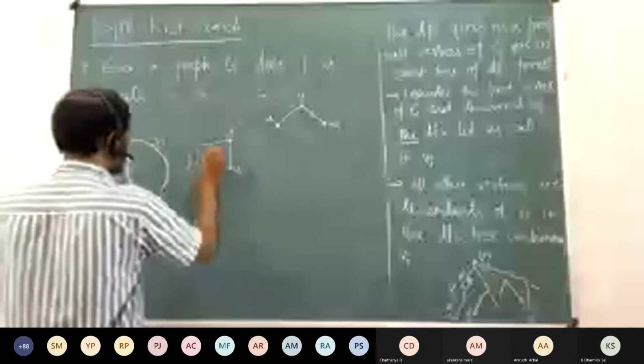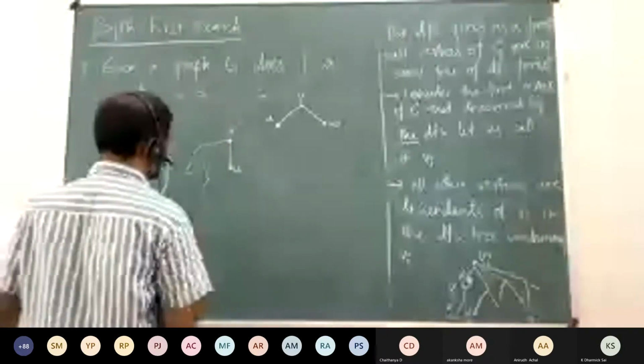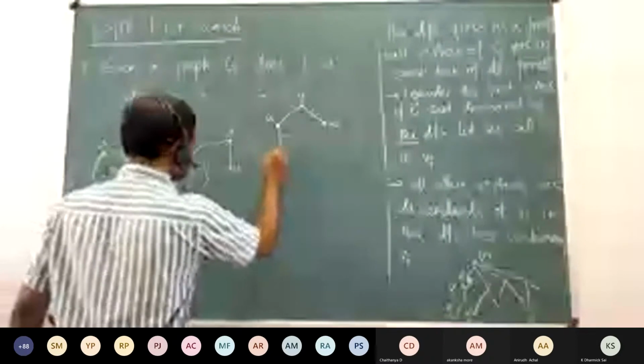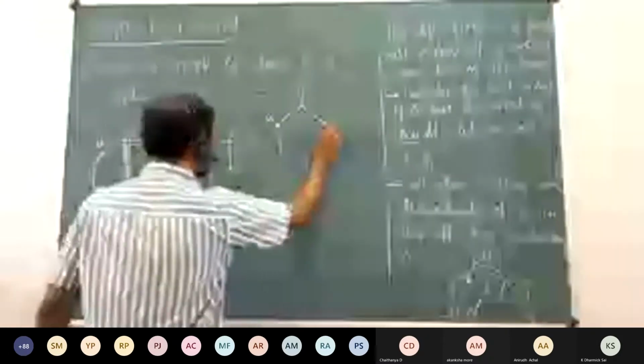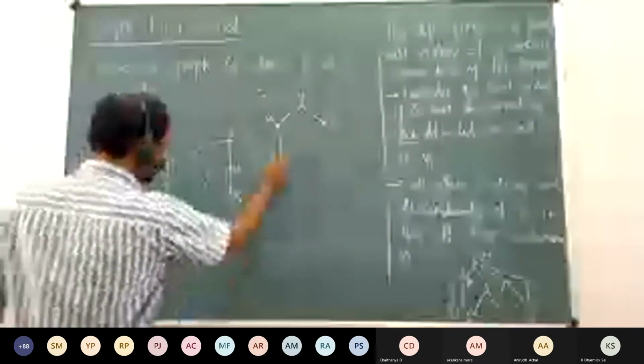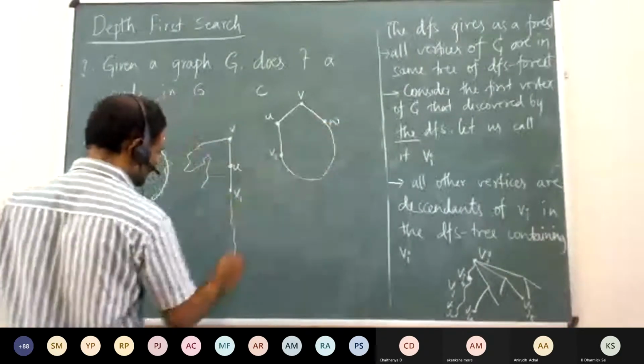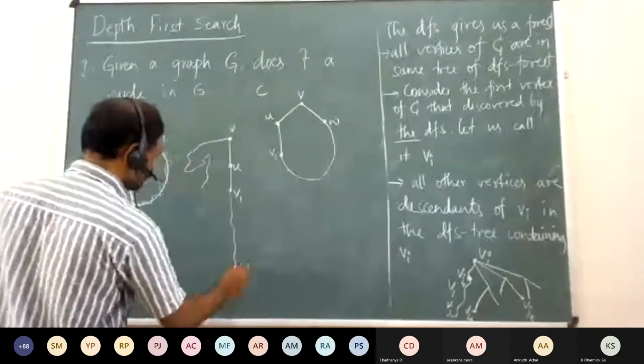It might see many other things, but after that it will see U, and U has a neighbor, say V1, and so on and so forth. Then V1 will again be a tree edge. You will traverse this path, all of which will be tree edges, till you come to W.